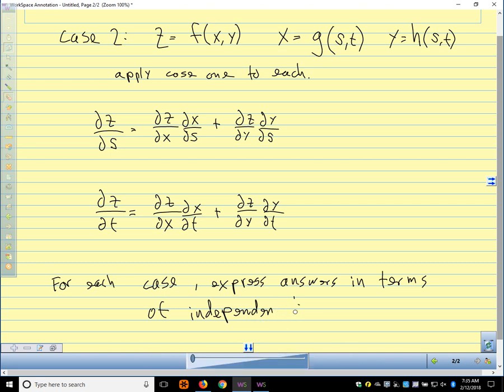So what we're saying is, independent variables s and t. So we don't want our answers in terms of x and y. We want our answers in terms of s and t.